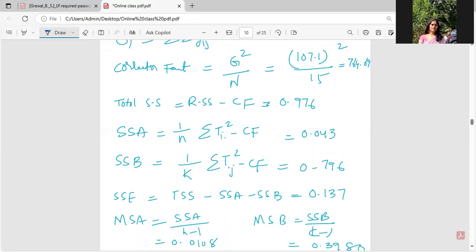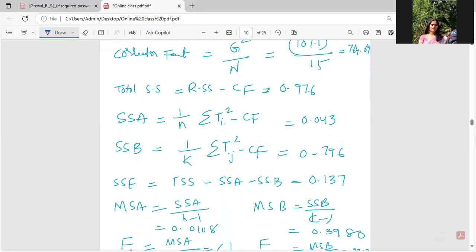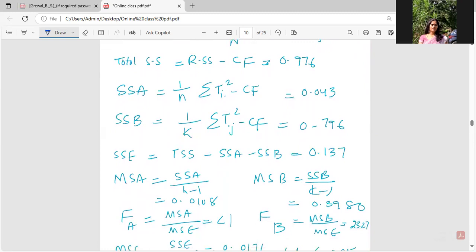Now I'll be calculating SSA. SSA is my sum of TI squared by K minus CF. SSB is sum of TJ squared by H minus CF. SSE, the sum of squares of errors, would be TSS, total sum of squares, minus SSA minus SSB.